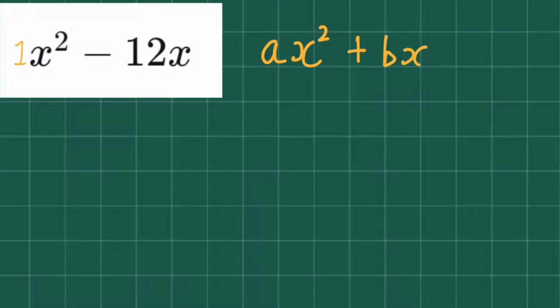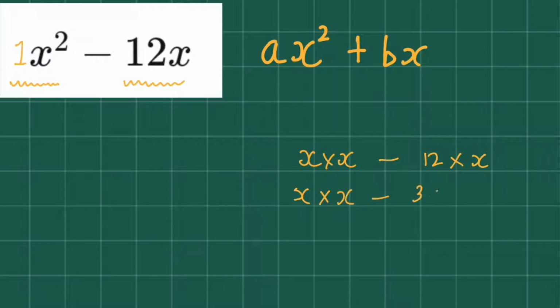So probably worth going into a bit more detail of what we mean by in common. Here's term number 1 and here is term number 2. We think about them as x times x, subtract 12 times x. Could also think about these as 3 times 4 times x. If you break that down, you could even go into prime factors.